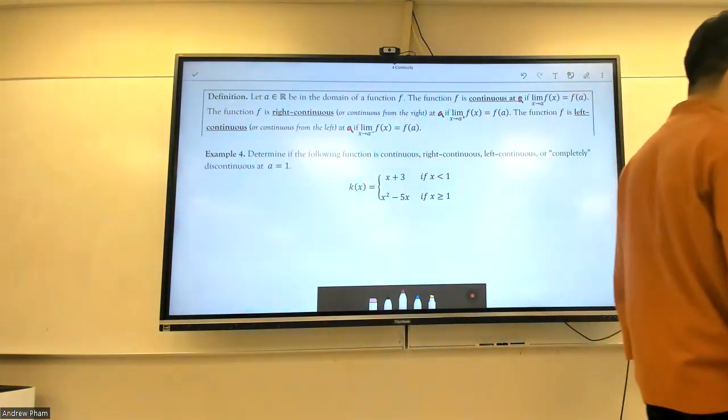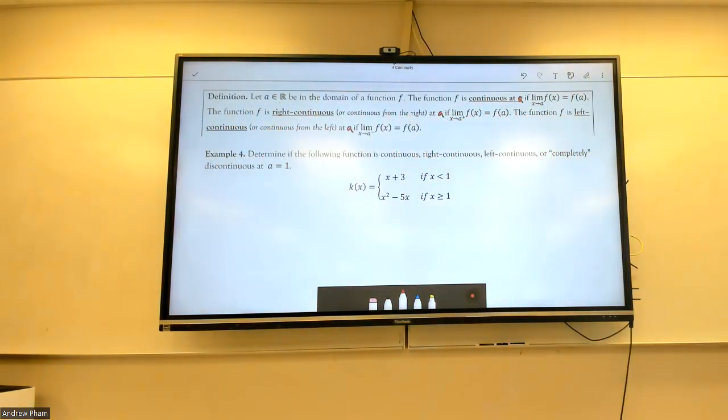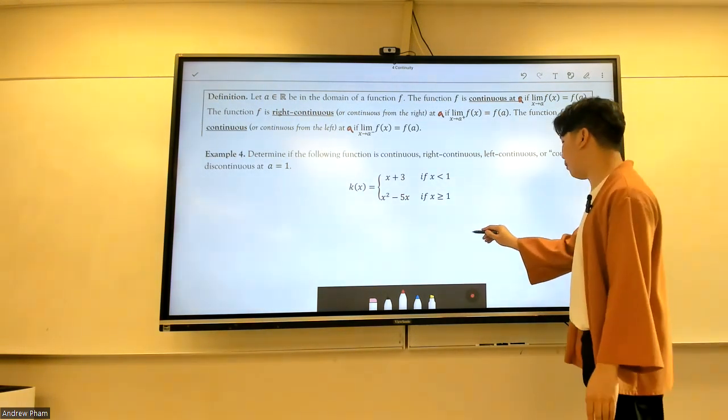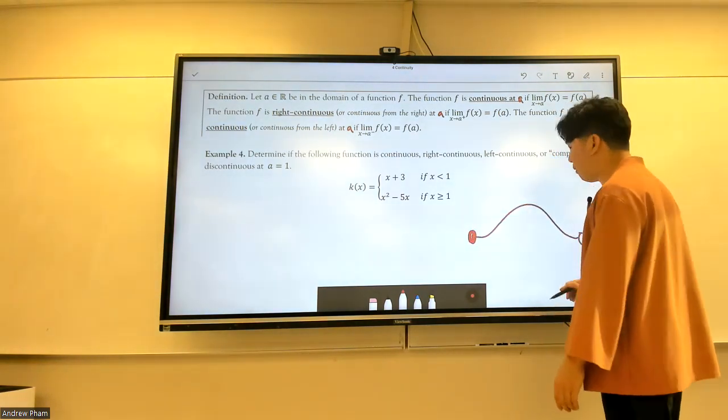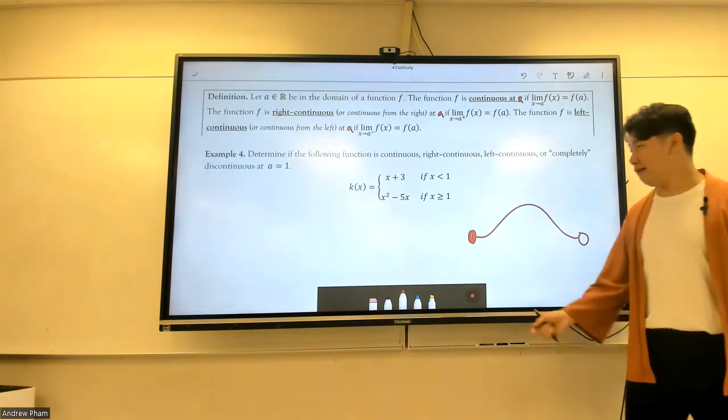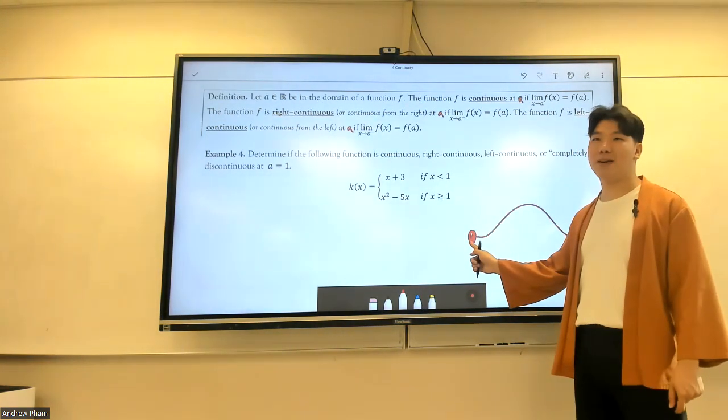So we have these three types of continuity. But why would I care about being left continuous and right continuous? Well, remember that first example, we had endpoints. I can't do continuity for the endpoints, but I definitely can do left or right continuity for the endpoints. Because remember, I had a graph. If I have a graph that looks like this, and this is all I have, can I really find the two-handed limit at this point?